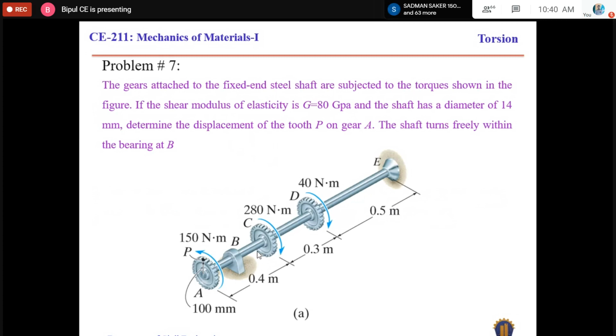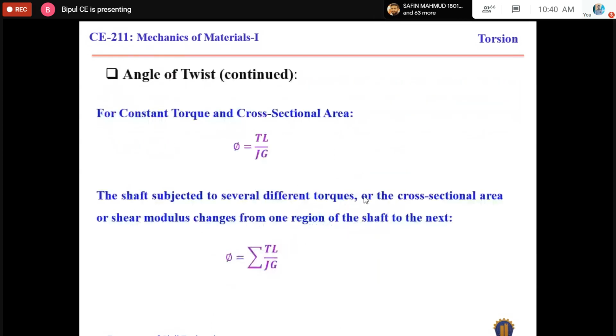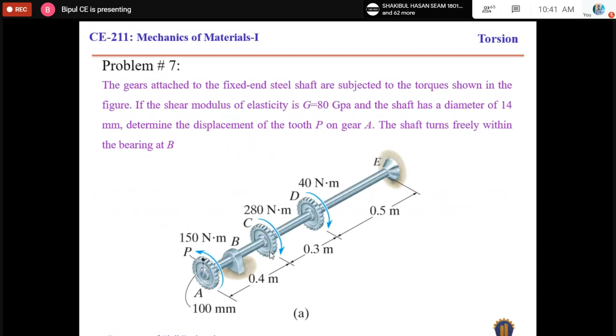As the shaft diameter is constant over the length, this J will be constant along the length, but all lengths are not subjected to constant torsional force. So we have to determine the developed torsional force within different lengths. First of all, we will determine how much torsional force is developed within this length, and within this length.